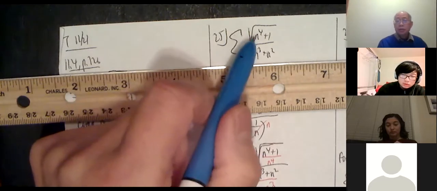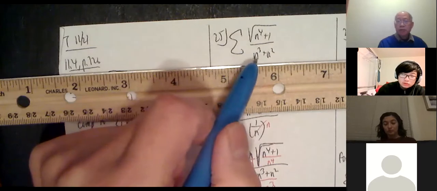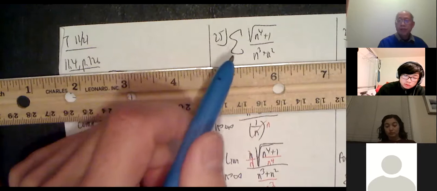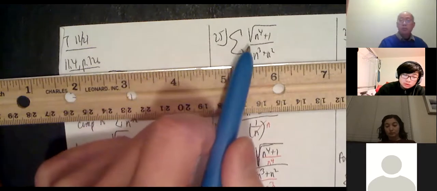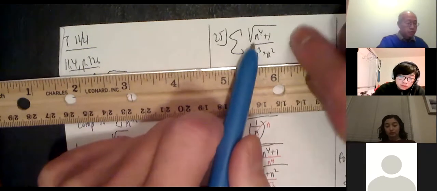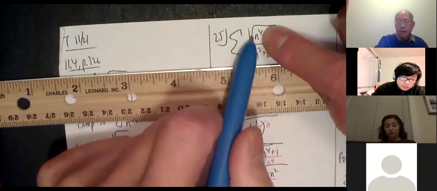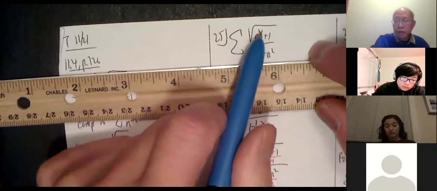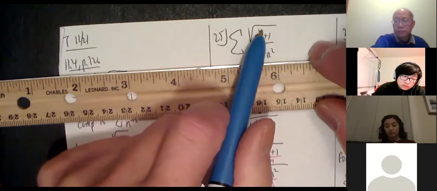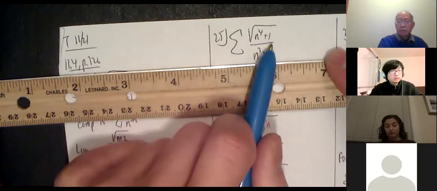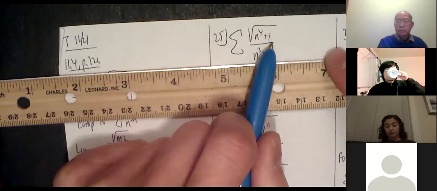Okay, n to the 4th plus 1, over n cubed plus n squared. So in the long run, for super big n, what am I going to think about the top? I'm going to forget about the 1. So it's square root of n to the 4th, which is n squared. So I think of the top as almost n squared. How about the bottom? For super big n, drop that, n cubed.